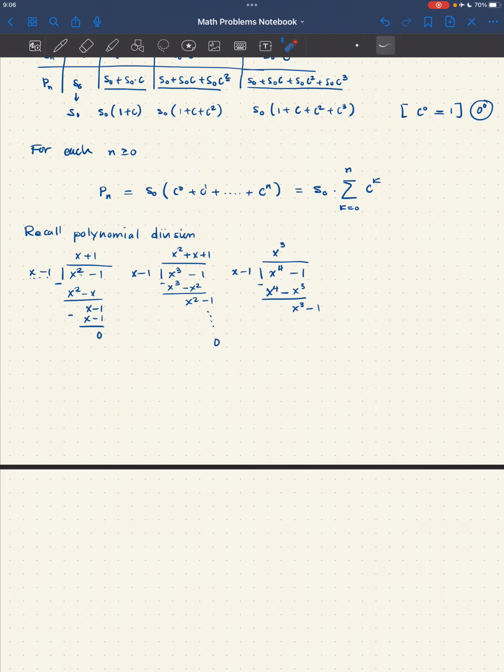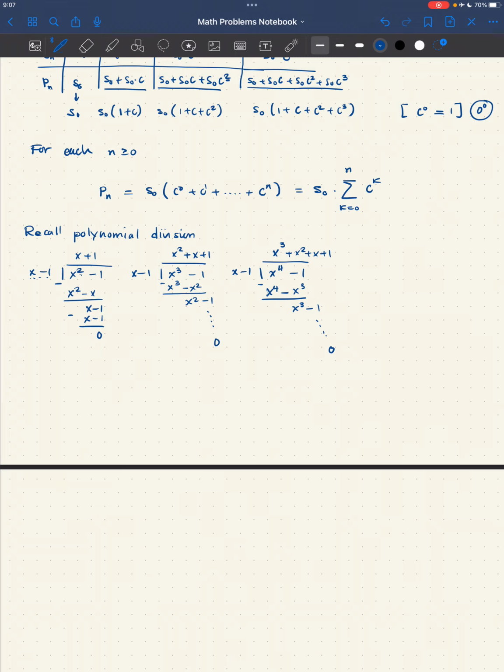Once I copy that process, I will copy the entirety of this quotient. What that tells me is that I have to add here plus x squared plus x plus 1. And then at some point, I'm going to get to 0 in the remainder. So what is it that we're getting here?